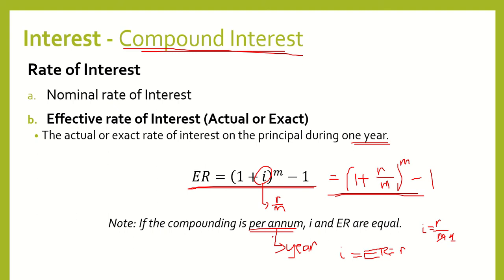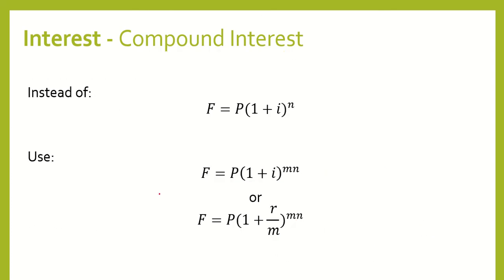That's when compounding is per year, meaning an interest is placed every year.